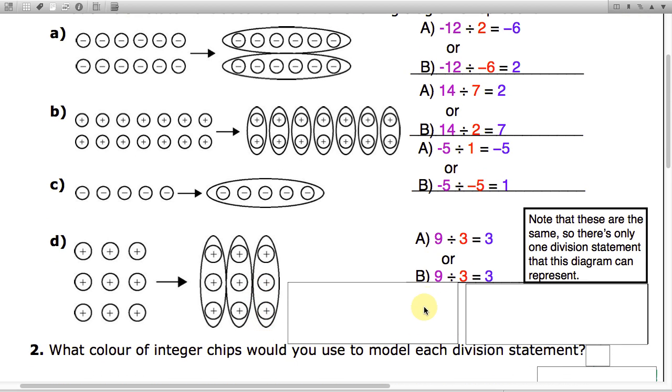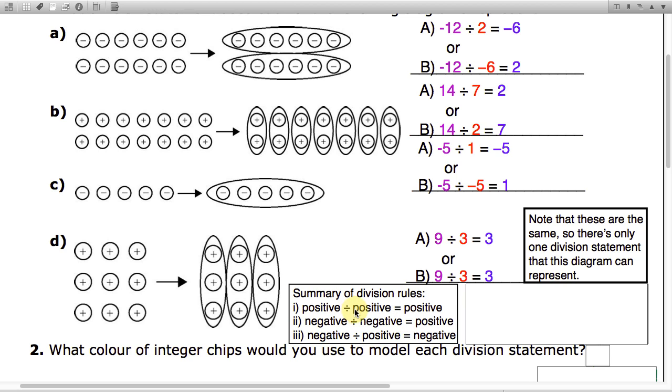So now at this point you might be thinking about what are the rules for division. Here's a summary of the division rules. So first you'll notice that a positive divided by a positive has been modeled as being a positive. So we can see that one here.